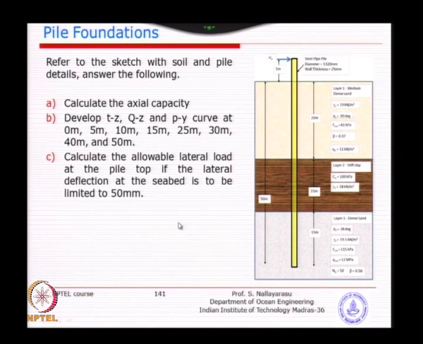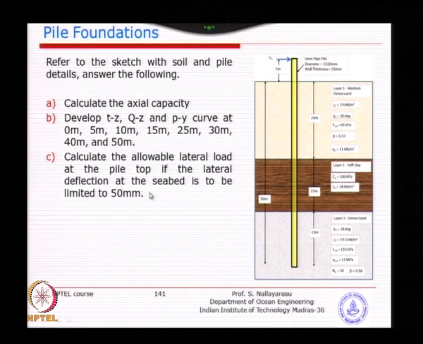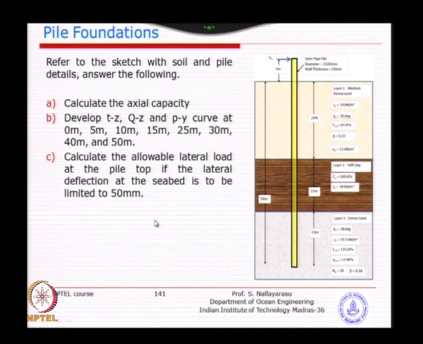So, in this particular example, calculate the allowable lateral load at the pile top if the lateral deflection at the seabed is to be limited to 50 mm, and that is the limiting condition given to you.